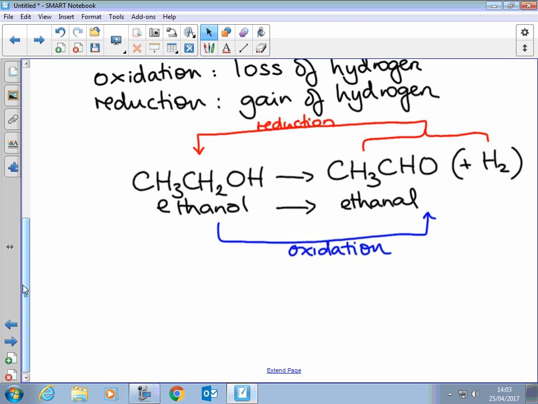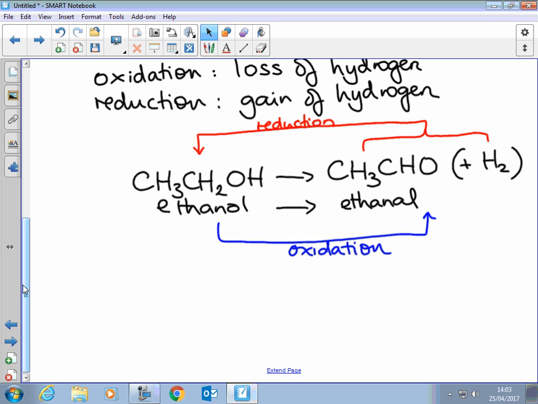Now, obviously, not every reaction involves hydrogen or oxygen. You should be thinking about that. We've got plenty of reactions occurring that have no hydrogen, no oxygen, but you still get redox reactions. So this is where we need definitions that actually involve electrons.